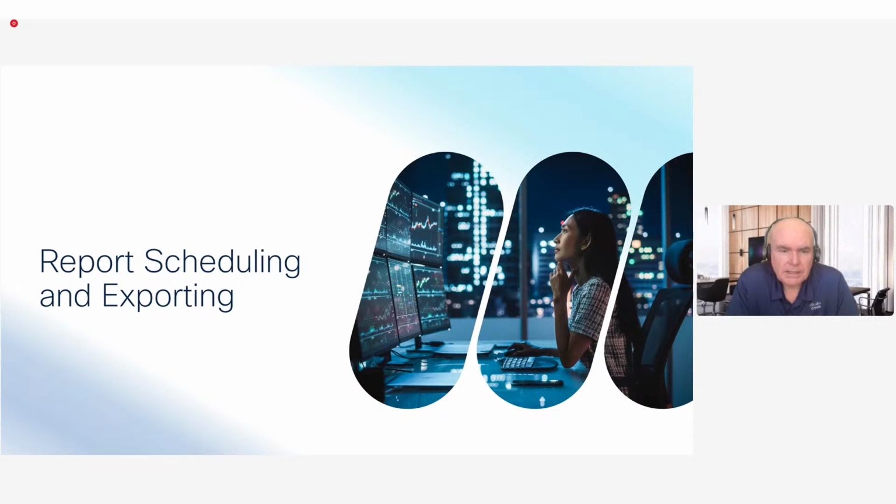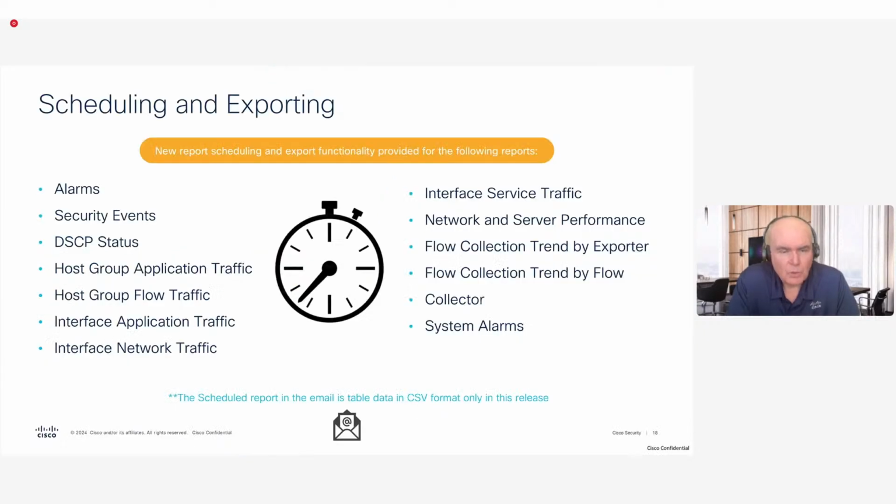Mentioned scheduling and exporting. What we've added, like I said, is that in these particular reports we can schedule and export as of this version. So the alarms reports, security events, DSCP, host group application traffic, etc. Basically, all the existing reports that we have in there, we can schedule and export as a CSV.